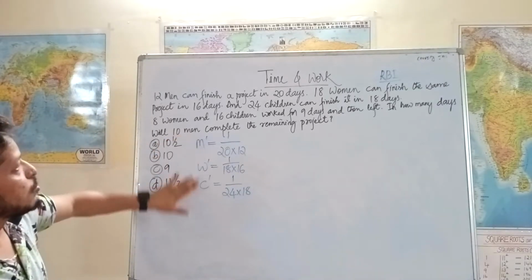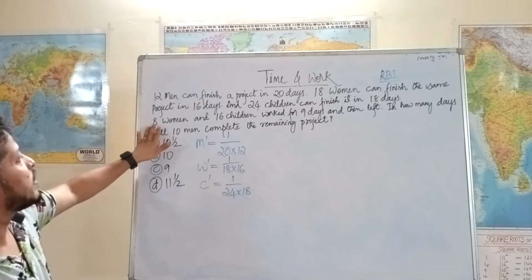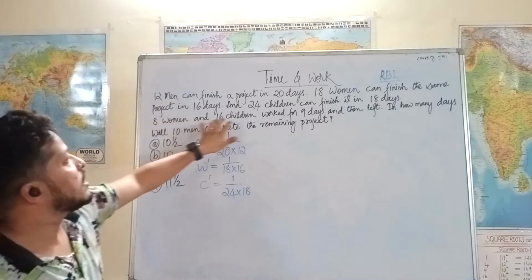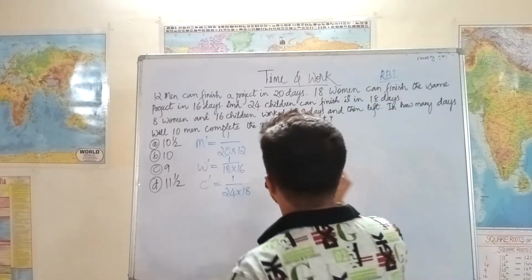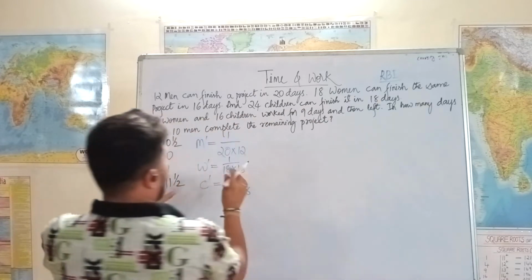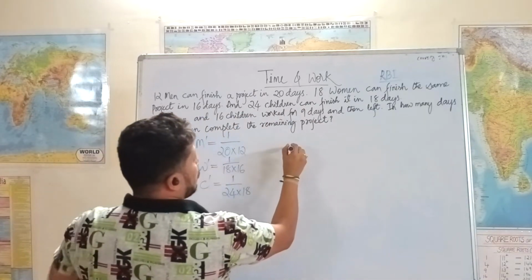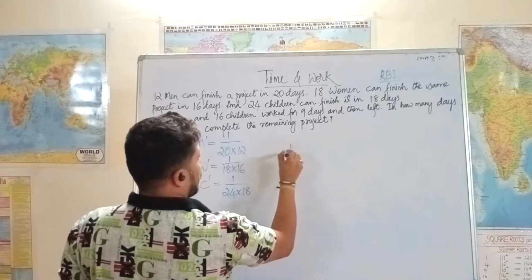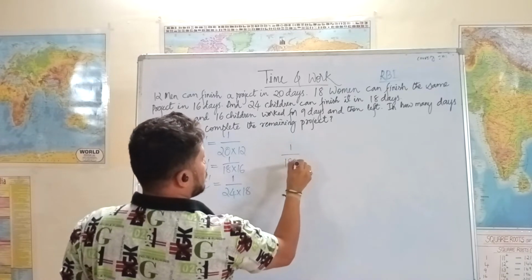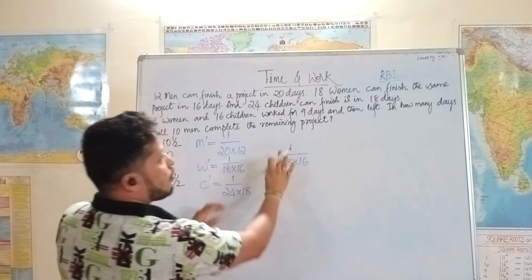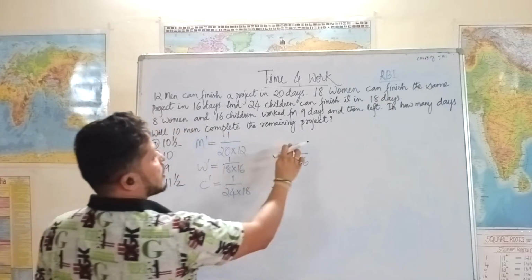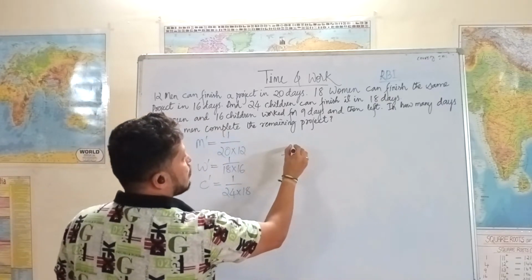Now let's use this and see how much work was completed by 8 women and 16 children in 9 days. How do you find that? See, one woman can finish 1 by 18 into 16 of the work. But there were 8 women, right? So this into 8.